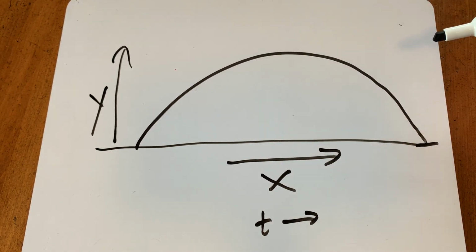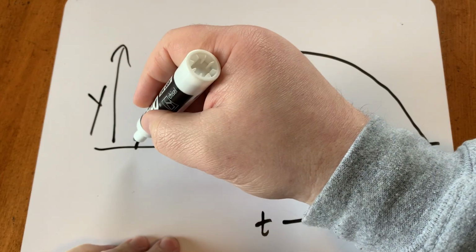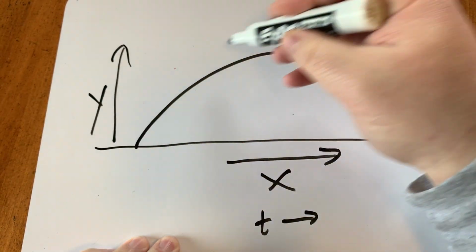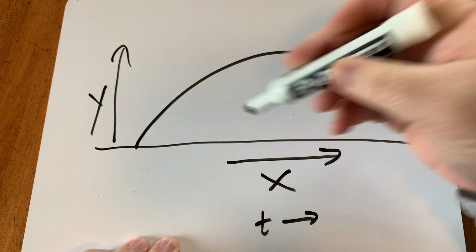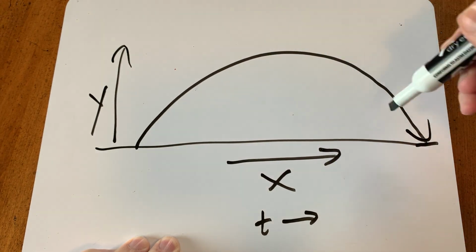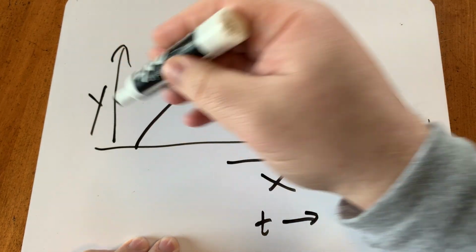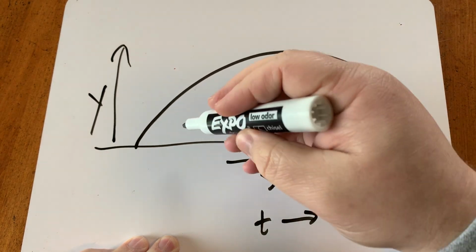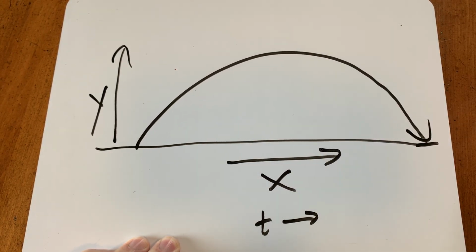So it behaves like this. So that's the path. So we could physically graph the path using x and y. We could graph the height of it in terms of y and t, and we could graph how far it goes horizontally in terms of x and t.